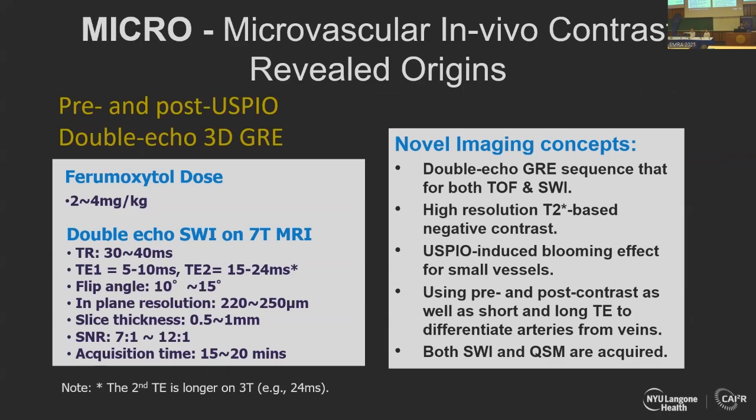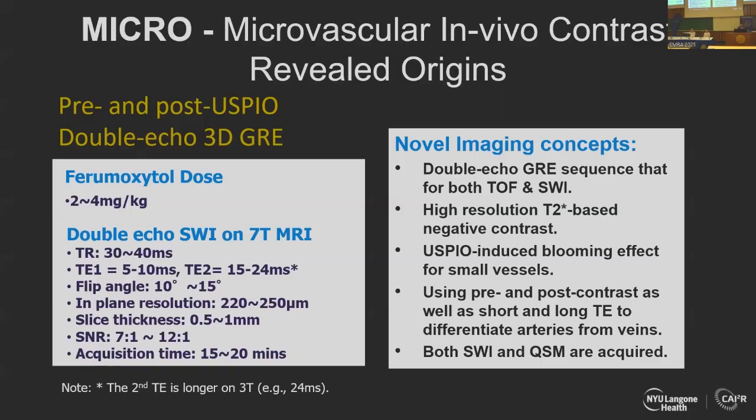Basically, it's a pre and post USPIO double echo 3D gradient echo. The Ferumoxytol dose used here is between 2 and 4 milligrams of iron per kilogram of body weight. And at our site at NYU, we used 7T MR for this sequence.